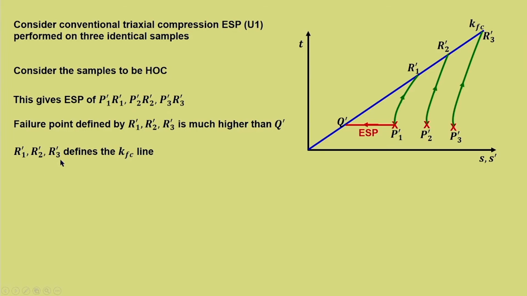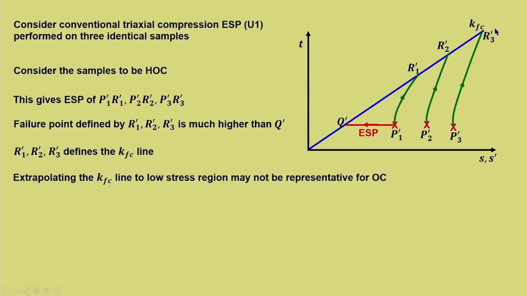R1 dash, R2 dash, R3 dash defines the KF line. Now, if we try to extrapolate R3 dash, R2 dash, R1 dash downwards, then in the lower stress region, it may not be representative for over consolidated soil.